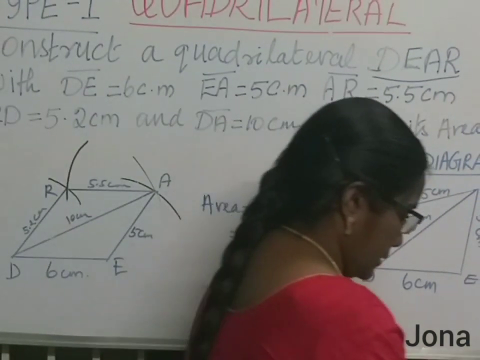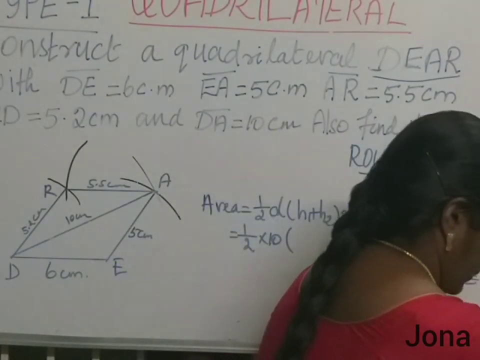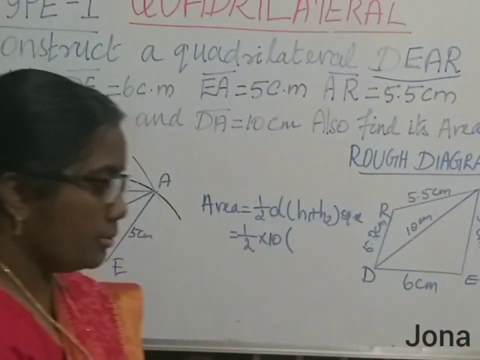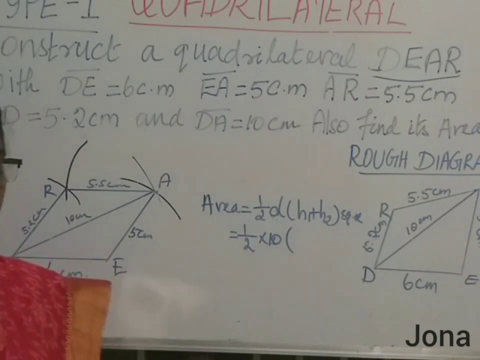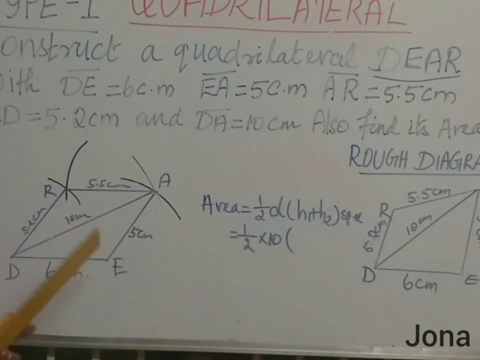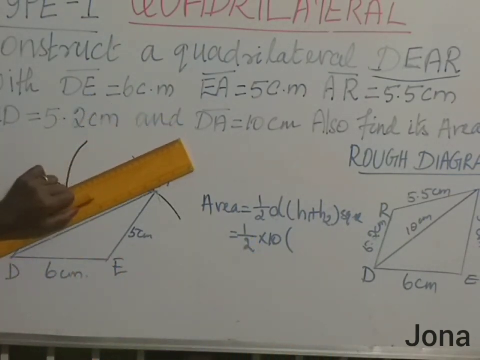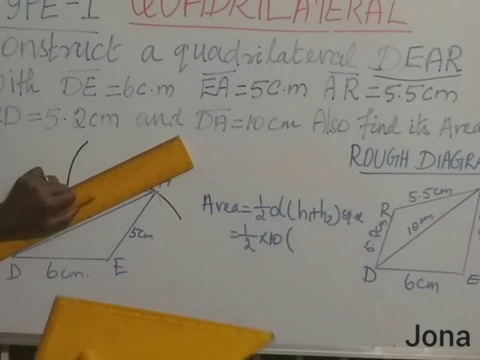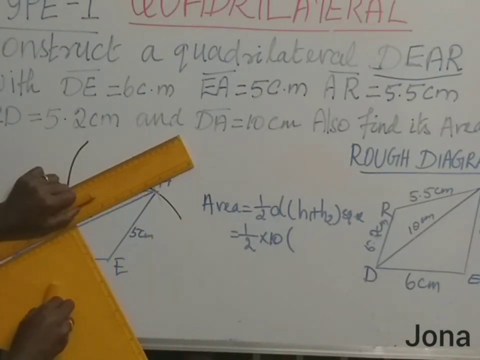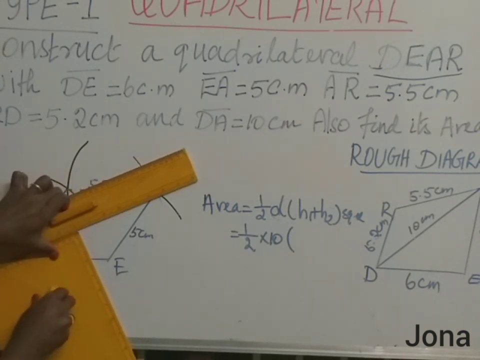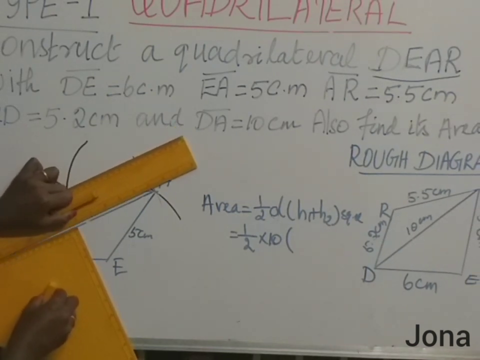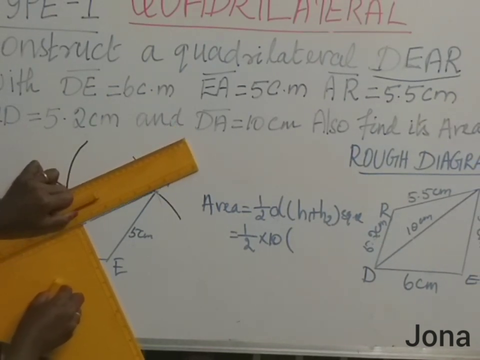So I can draw this by using this set square. I can keep the scale here like this, and then we have to keep the set square. Both must coincide like this. So keep this like this, and then slowly we have to move this set square towards the vertex.